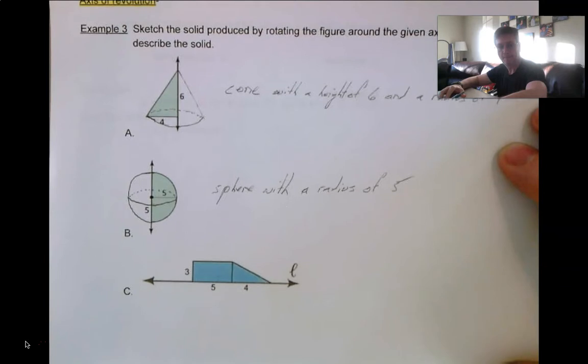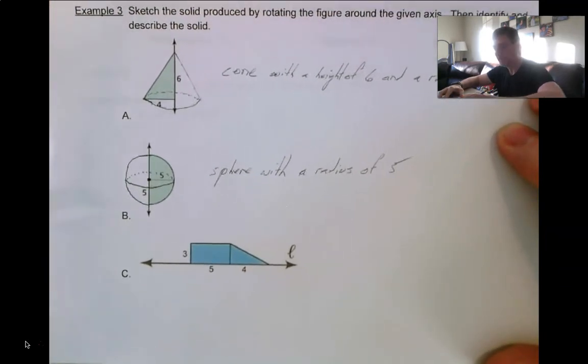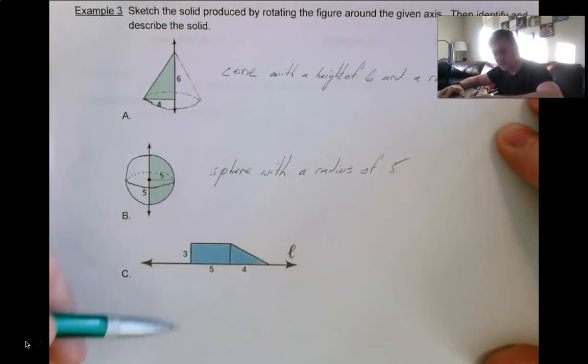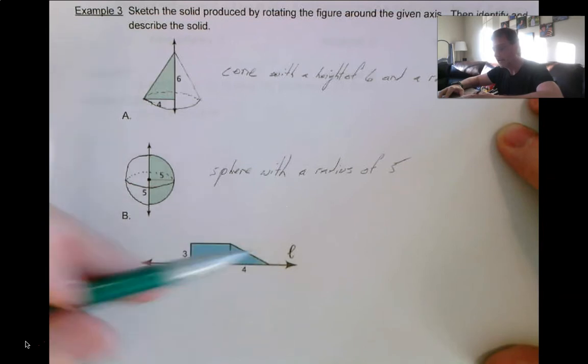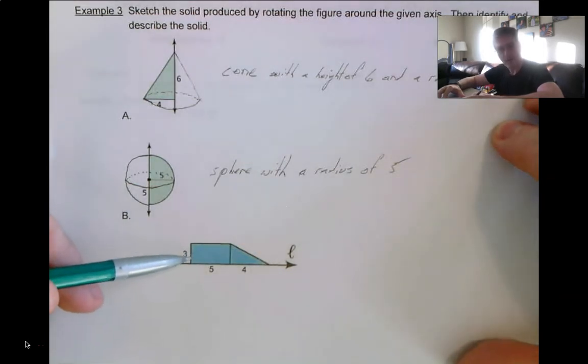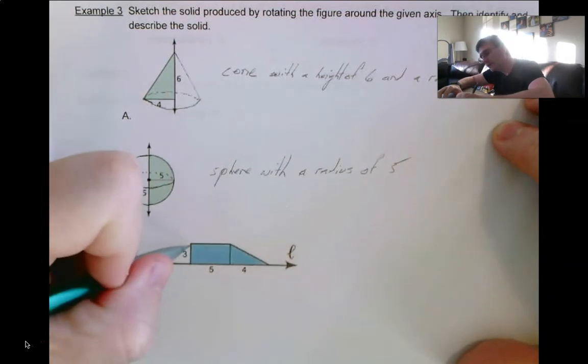Part C. So this is a composite shape. This is a rectangle and a triangle, and they're going to sweep around this line L, and they're going to make a crayon-like shape or a rocket-like shape. And if I try to draw it, I'll try here.